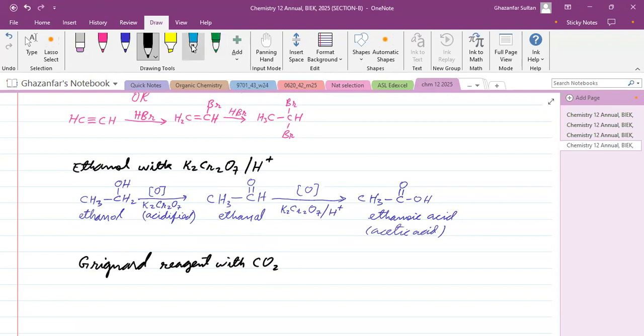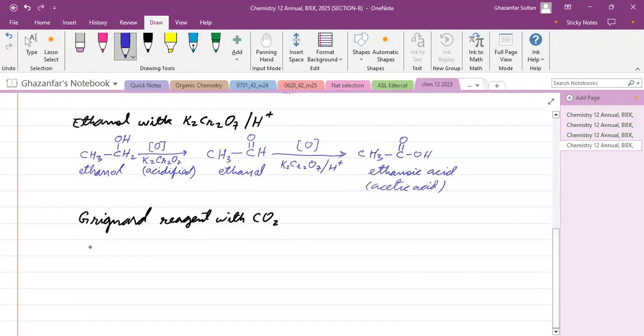This reaction produces a carboxylic acid, depending on the alkyl group on the Grignard reagent. If the alkyl group is methyl, acetic acid is formed.